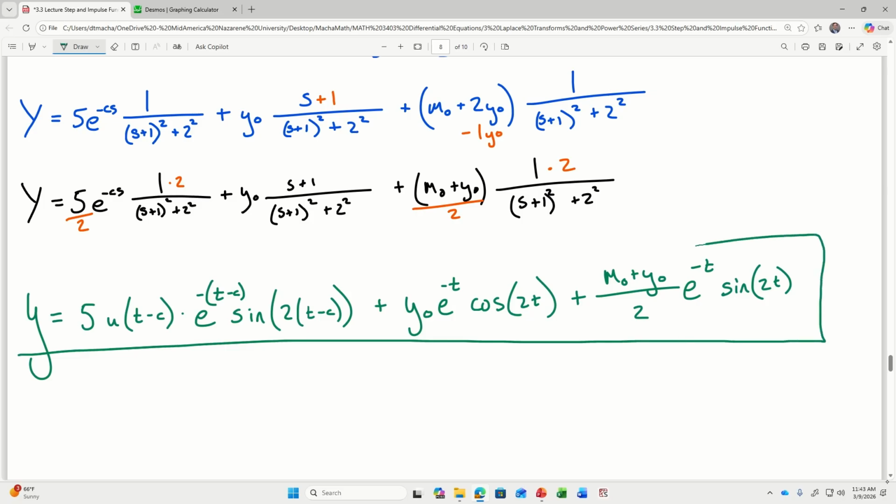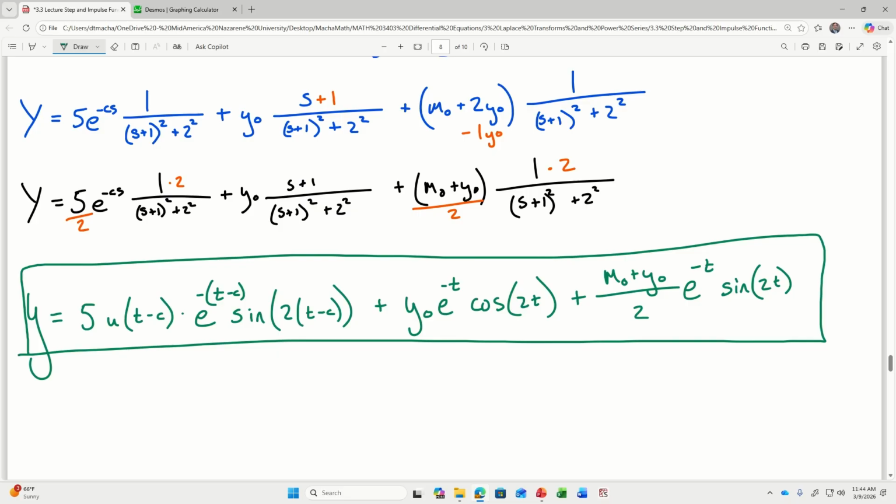But yeah, if you have to do completing the square, and completing the square gives you something like s plus 1 squared plus 2 squared, then s plus 1 is like s minus negative 1, and that becomes this e to the negative t factor. So completing the square is going to give you an exponential factor in front of your trig function.